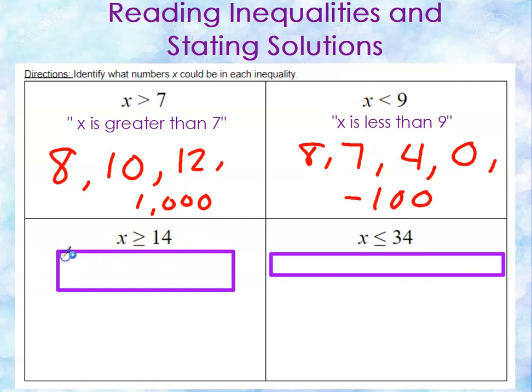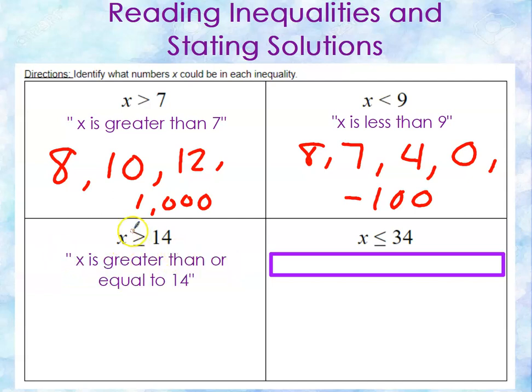That's where it kind of changes down here. The way we would read this is x is greater than or equal to 14, because the bigger side is opening up toward the x, and it has the equal sign underneath it. If x is greater than or equal to 14, what numbers can x be?